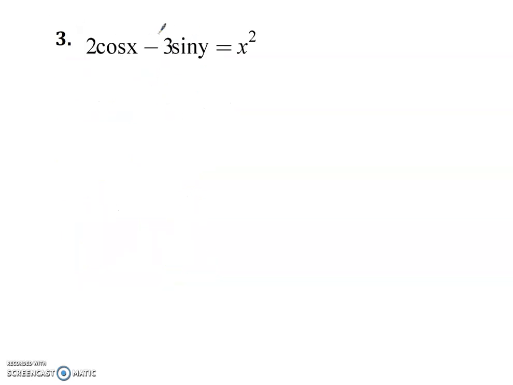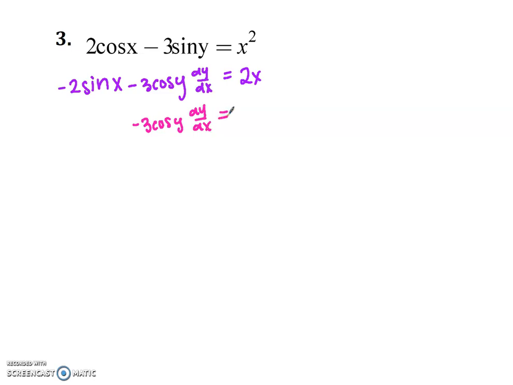Now let's look at another one. So this time we have some trig functions. So the derivative of cosine is negative sine. So that'll be negative 2 sine of x. The derivative of sine is cosine. So that'll be cosine of y, but this term had a y with it. So since I took the derivative, I'm going to tack on a dy/dx equals the derivative of x squared is just 2x. So then I'm going to move the sine term over. Okay, you always want to get the dy/dx terms on one side, everything else on the other side.